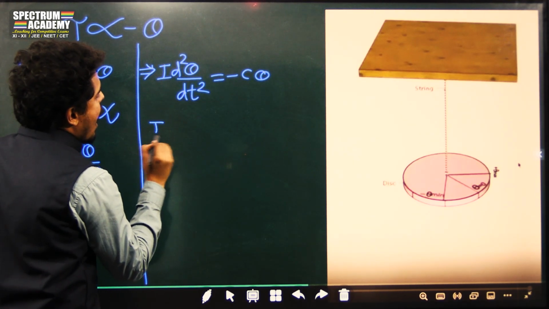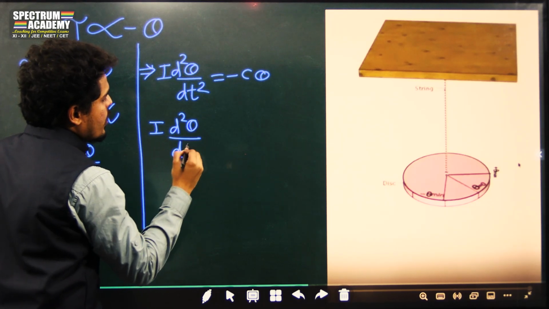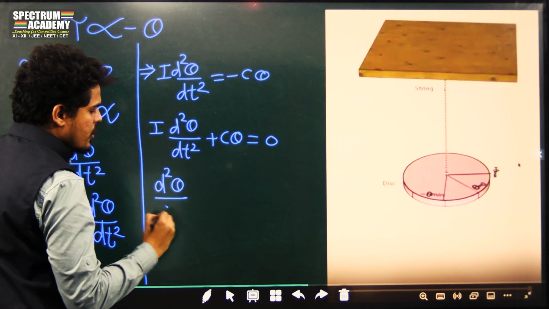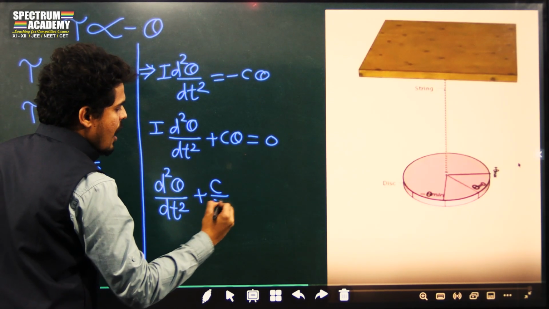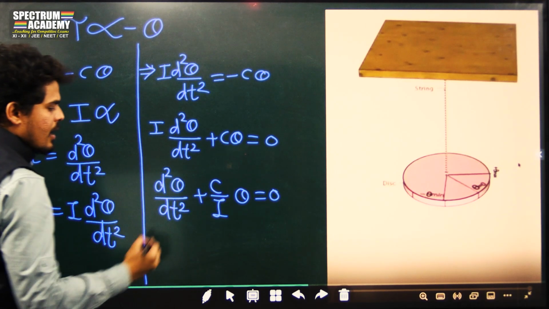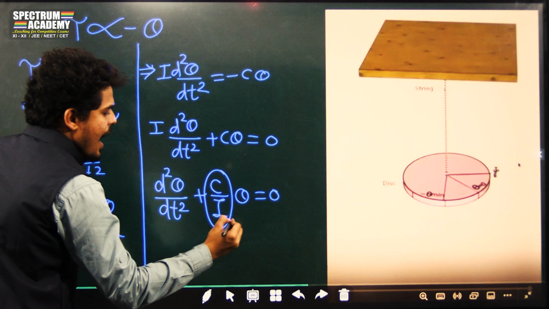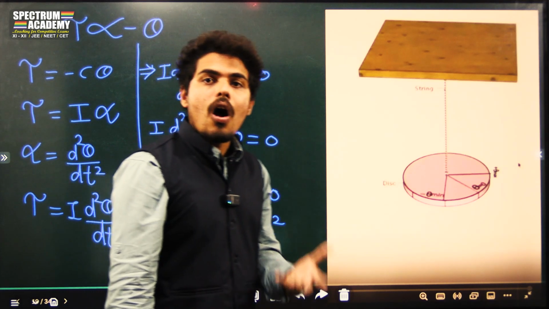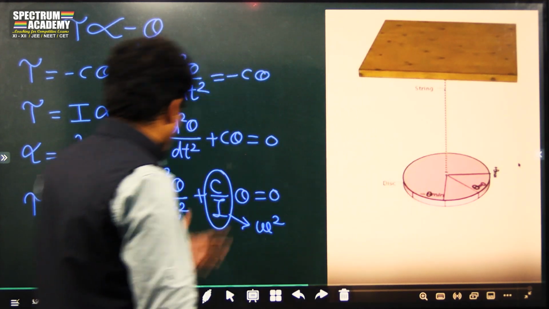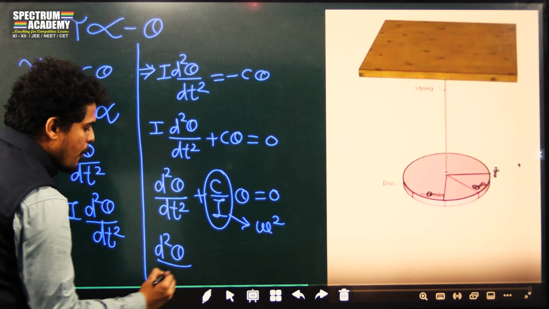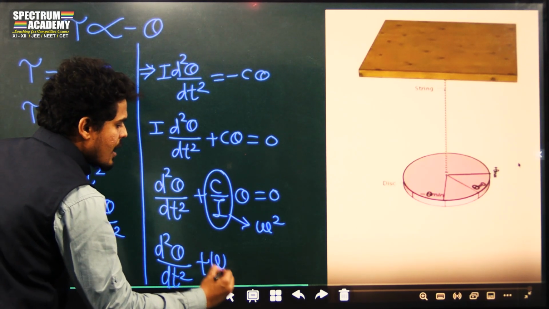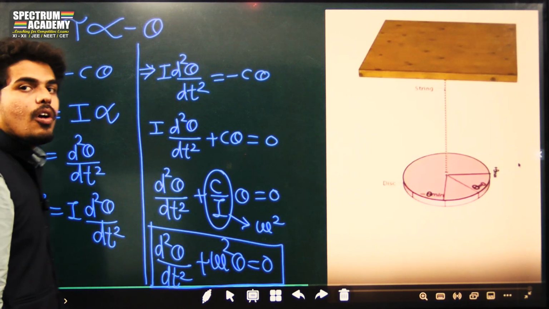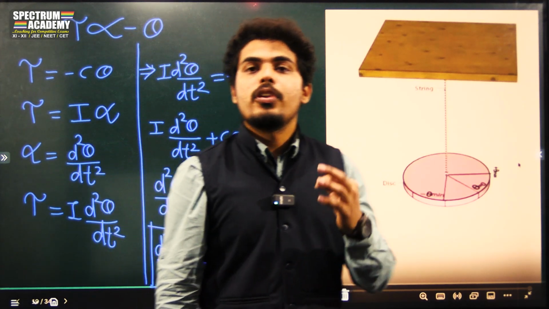Then I d2 theta upon dt square plus c theta equals 0, so that d2 theta upon dt square plus c upon I theta equals 0, and I can say this quantity is some omega square, so that the final differential equation of the angular SHM is d2 theta upon dt square plus omega square theta equals 0. This is the differential equation for angular simple harmonic motion.